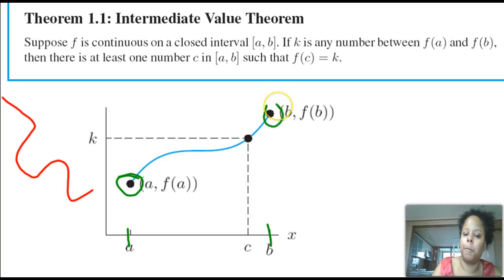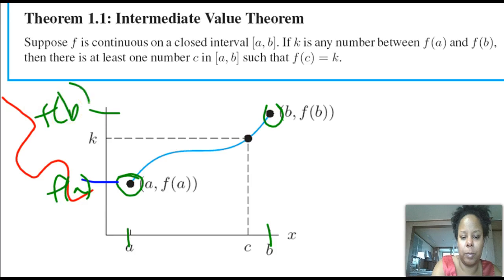We can evaluate the function at a and at b. What the Intermediate Value Theorem says is that since f is continuous, there's going to be some k anywhere in between f of a and f of b. I can pick any value, and in this case we pick this value and name it k.